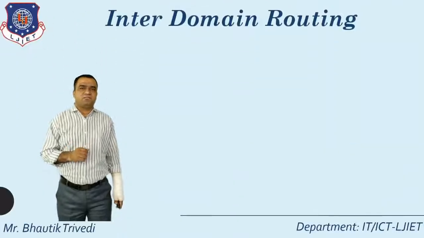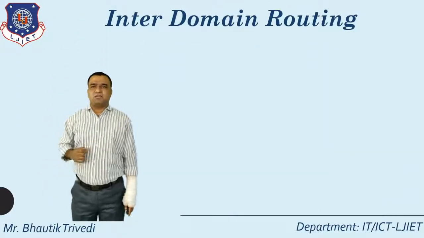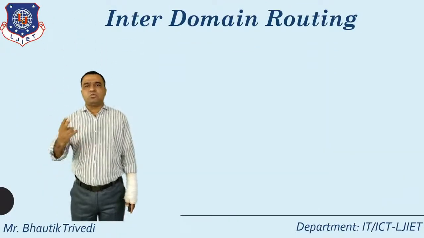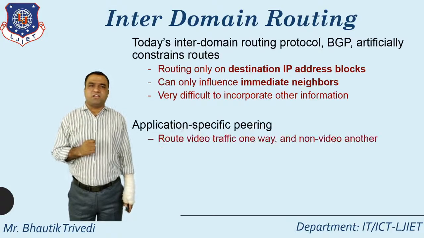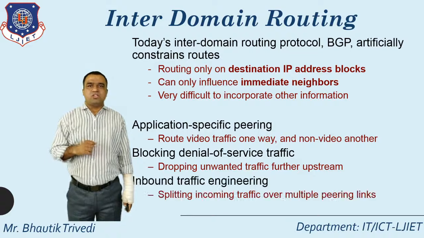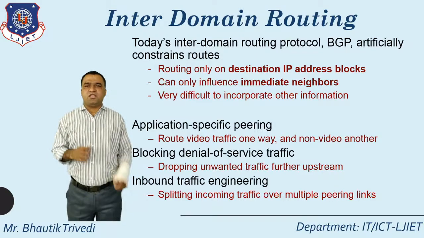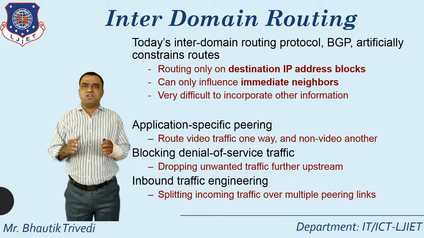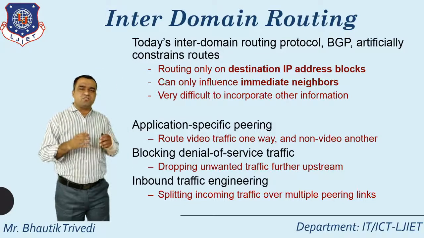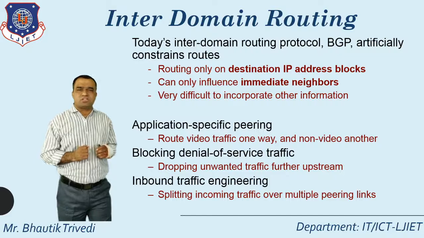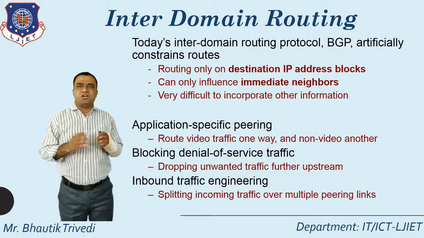After that, one another concept. Already you know the two types of routing. One is inter-domain routing, and the second is intra-domain routing. So what is the difference between them? Inter-domain means between two autonomous systems, and intra-domain means within one particular autonomous system, you can directly apply the routing.